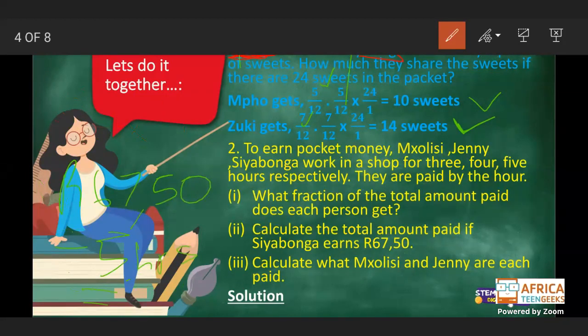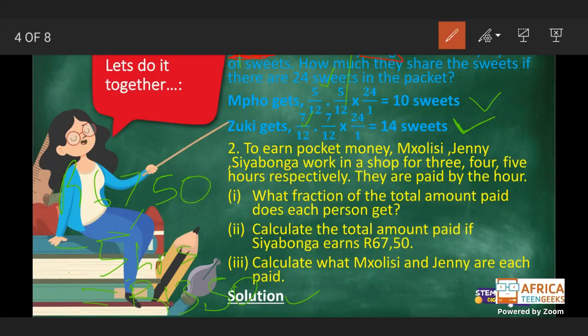And our answer will be 13 rand 50 per hour, right? So now, since we know that it's per hour, we must calculate the total amount paid to everyone. When you see total, guys, just think of everything.